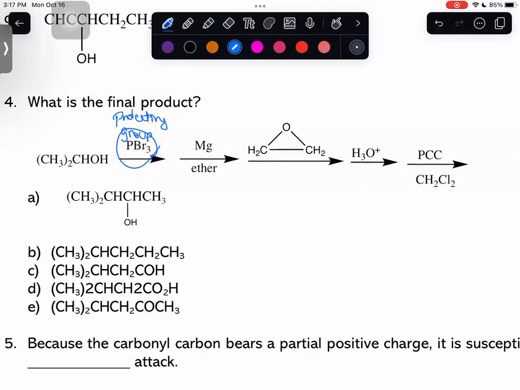So I'm going to be preserving that carbon chain. And now instead of having an OH, I have bromine instead. Now I have that alkyl halide. I see magnesium, so I'm going to be creating my Grignard reagent.